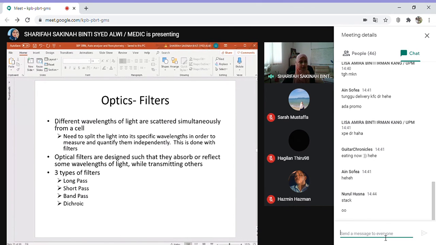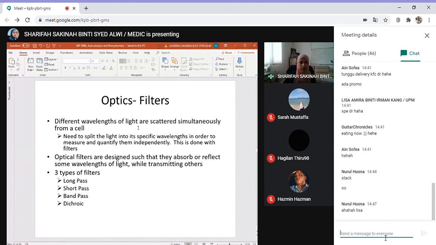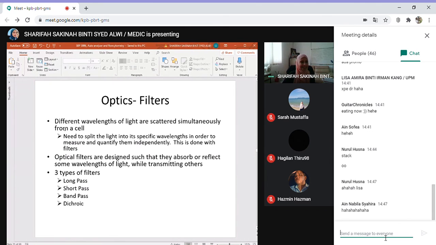Optic filter: different wavelengths of light are scattered simultaneously from a cell. So the light needs to be split into its specific wavelengths in order to measure and quantify them independently, and this is done with filters. Optical filters are designed such that they can absorb or reflect some wavelengths of light while transmitting the others.